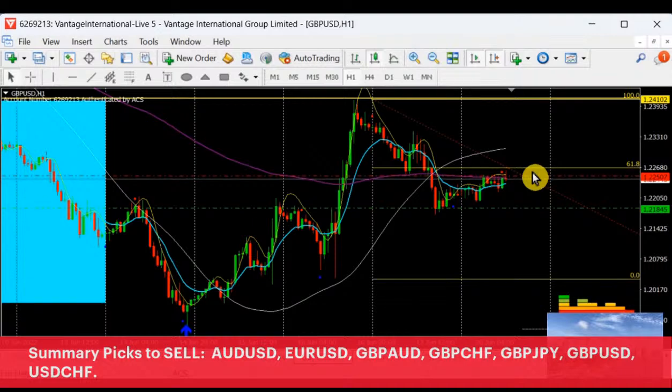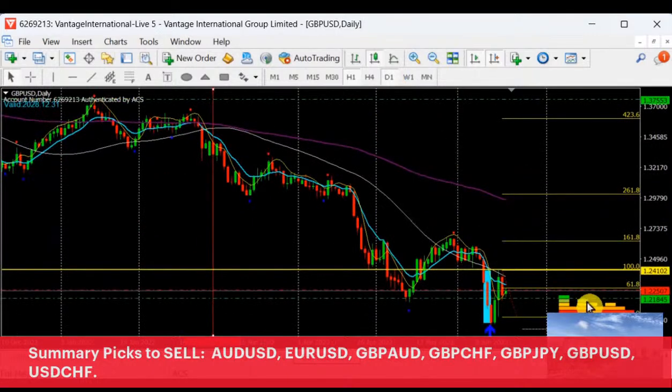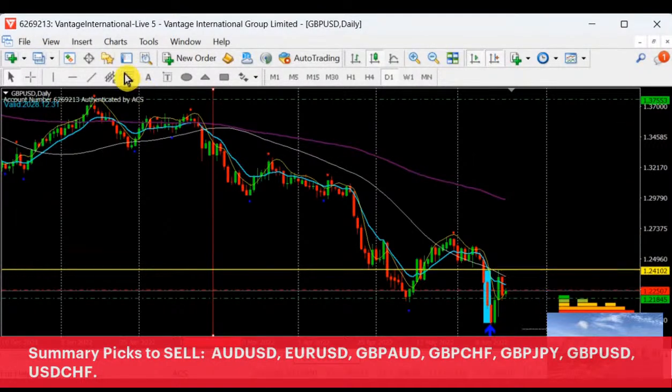Now drag the figure from the bottom to the top and you will get the current support level.